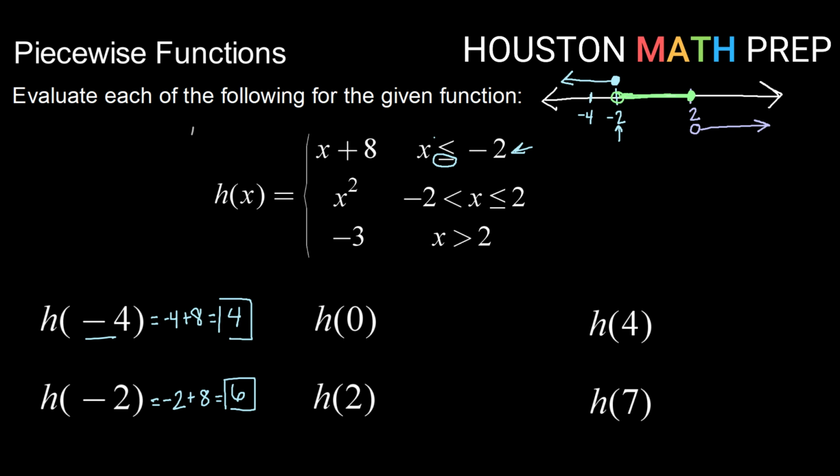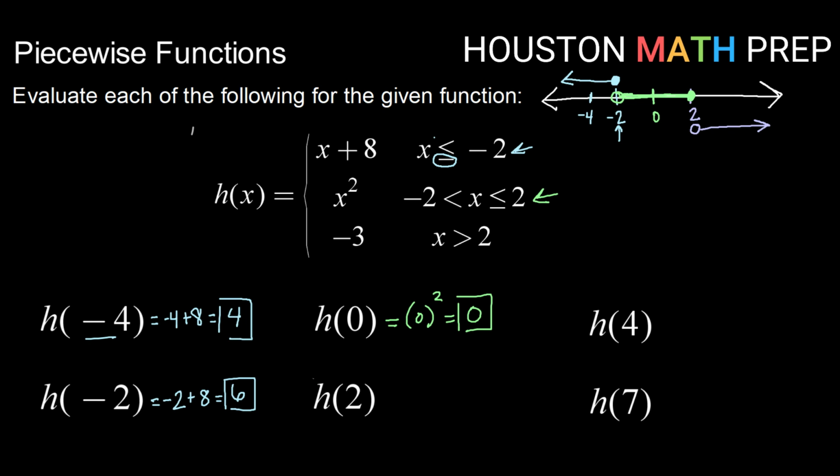Next, looking at h of 0. 0 falls about here on my number line, so that is in that middle piece, 0 between -2 and 2. So I'm going to use the definition x squared here and get that 0 squared is 0. So h of 0 is 0.